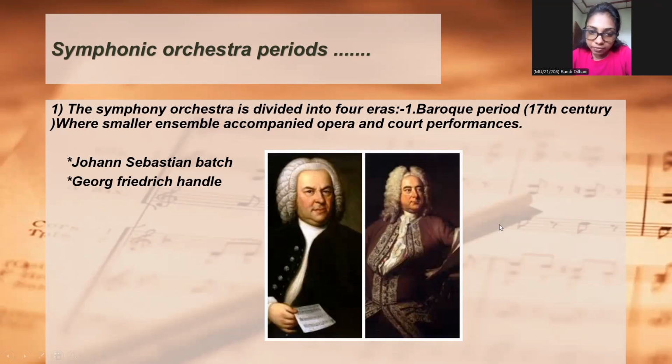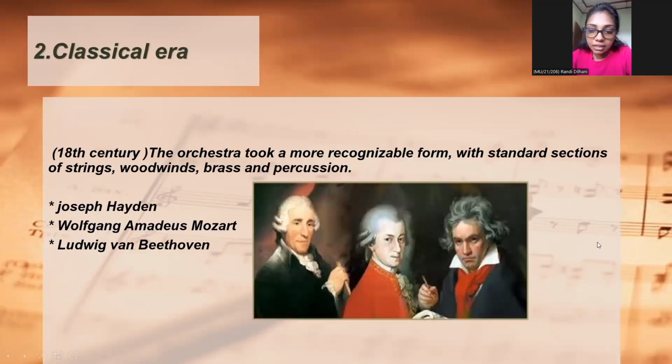Over time, composers began to write for larger groups of musicians, expanding the scope of orchestral music. By the classical era, the orchestra took a more recognizable form with standard sections of strings, woodwinds, brass, and percussion.